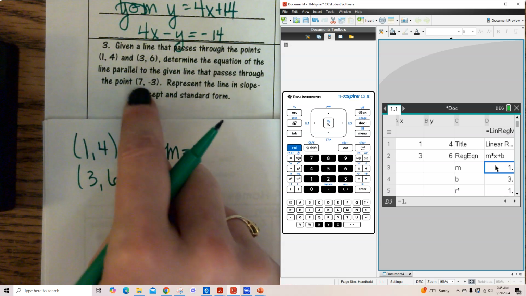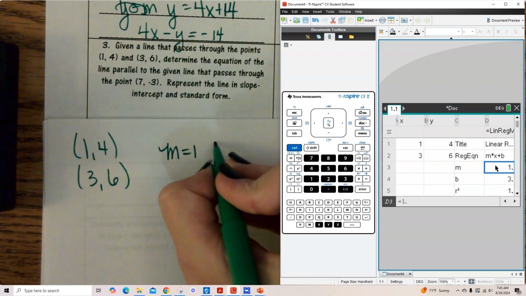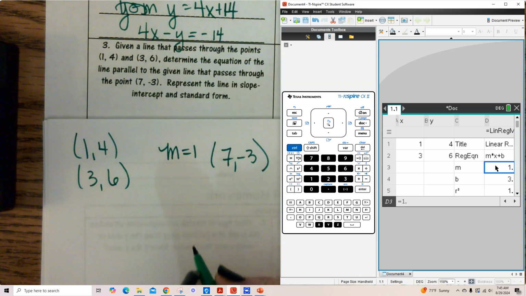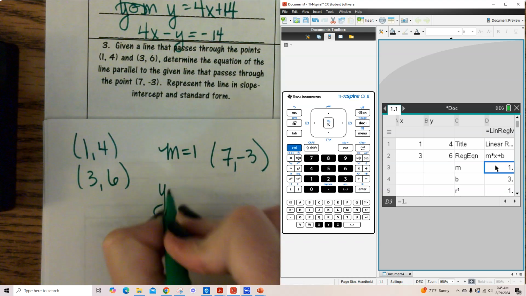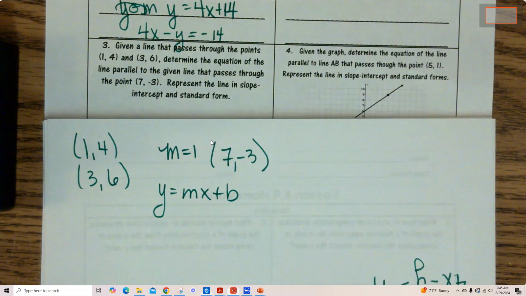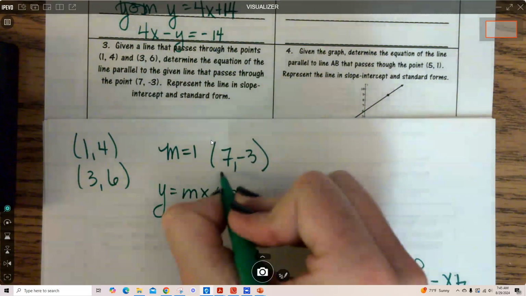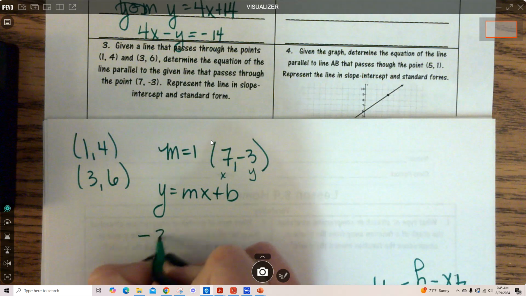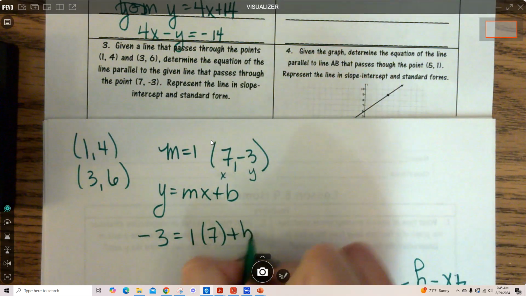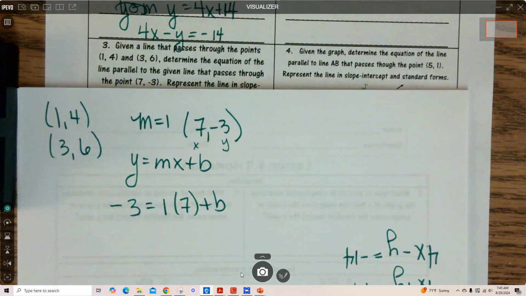My new line, my parallel line, is going to go through this point, 7, -3. Again, using slope-intercept form, we use what we have. Remember, this is an x and this is a y, so we can plug our pieces in and try to find our y-intercept.